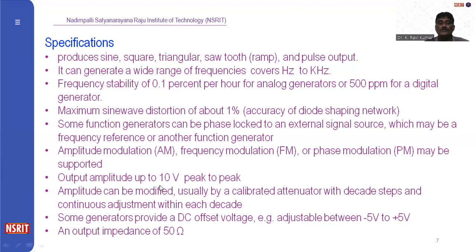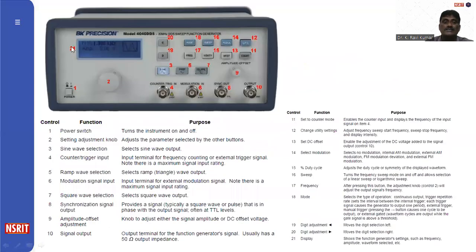The output amplitude is up to 10 volts peak to peak, and the amplitude can usually be modified by a calibrated attenuator with decade steps and continuous adjustment within each decade. Some generators provide a DC offset voltage, for example adjustable between -5 volts and +5 volts, and an output impedance of 50 ohms. This is the front panel of a function generator.